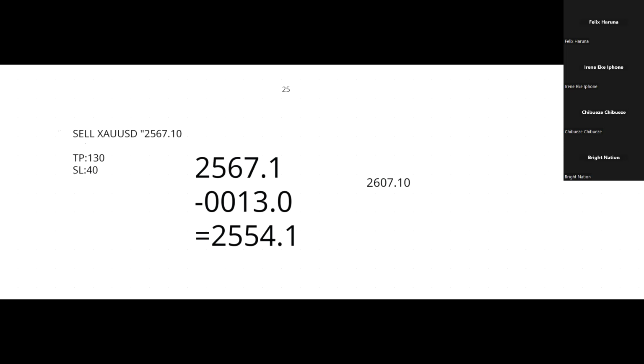Then carry 1 to join 6, that would be 7. That's 2, 5, 7, 1. So 2571.1 is the answer. This is the answer.